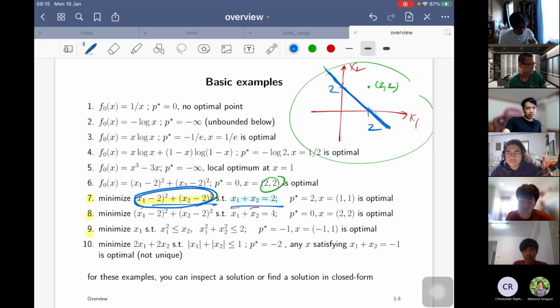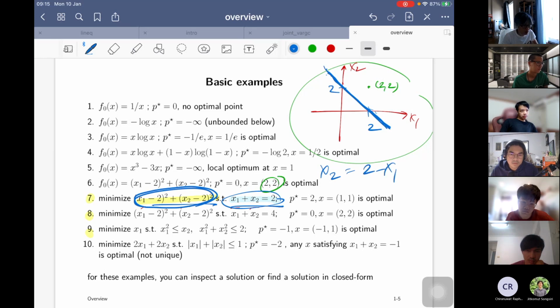Now we can be very heuristic, without learning all the techniques in this class. Even though I have two variables, x1 and x2, they are related by this equality constraint. What if I can get rid of one variable? I can say x2 is 2 minus x1, right? I can get rid of the constraint by writing x2 as a function of x1 and plugging it back here.